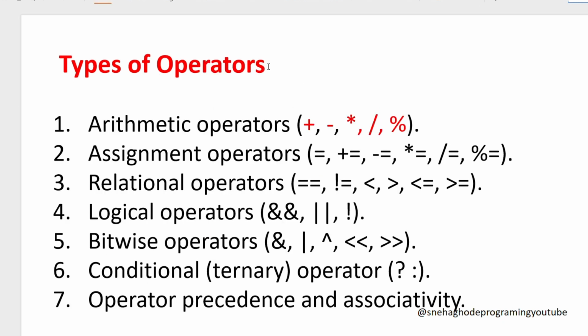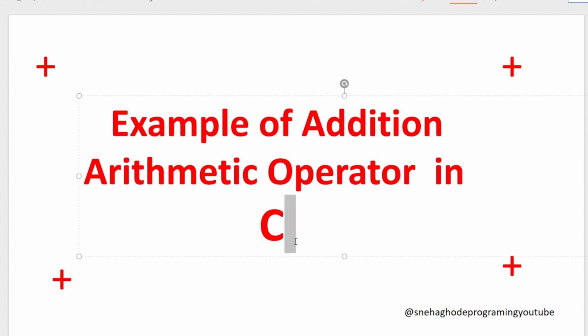Then we saw the types of operators: arithmetic, assignment, relational, logical, bitwise, conditional operator, and operator precedence. We are done with arithmetic operators, what they are. So today we are going to see an example of the arithmetic operator. Okay, so let's start.